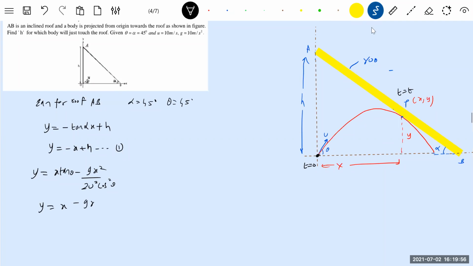So this will be g x square by 2 into 10 square, cos square theta, cos 45 is 1 by root 2 whole square, x minus 10x square by 100, or this is x minus x square by 10. Okay, fine. I think solving 192.